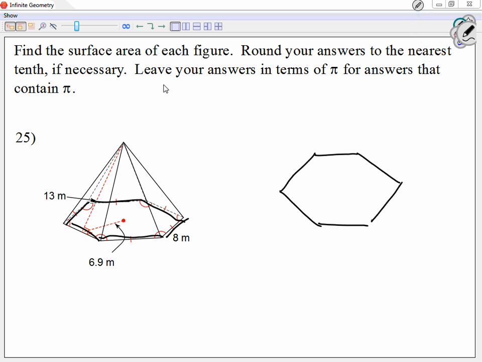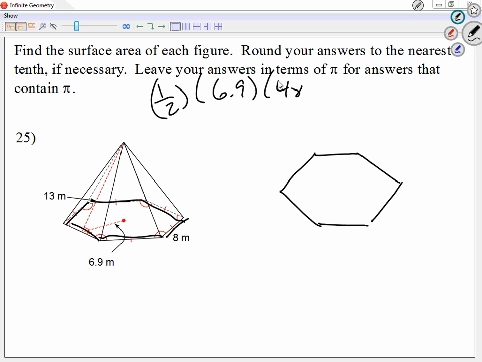So at the side, let me think 1/2 times 6.9. And then the perimeter is 8 times 6. Let me just call it 48. 1/2 times apothem times perimeter. Just for the base, I get 165.6. That's the hexagon in the center.